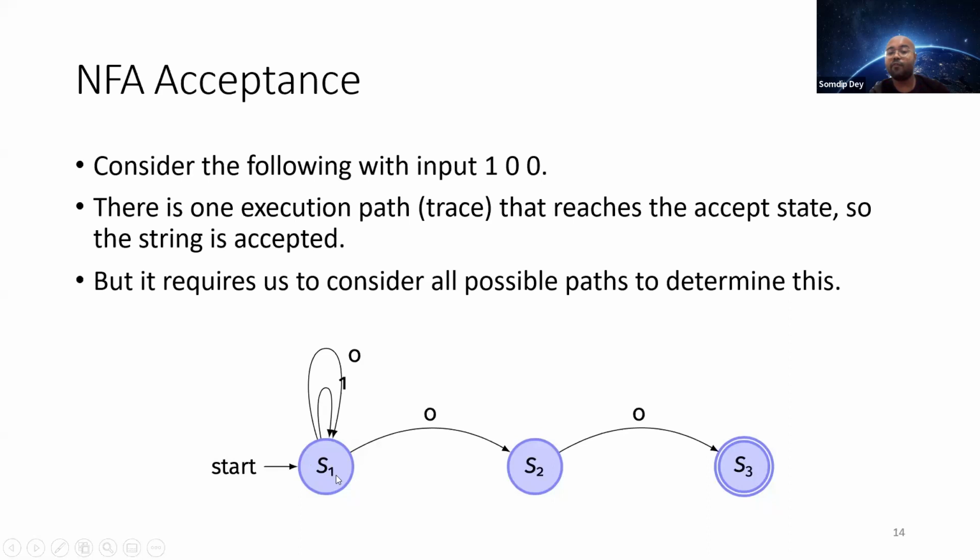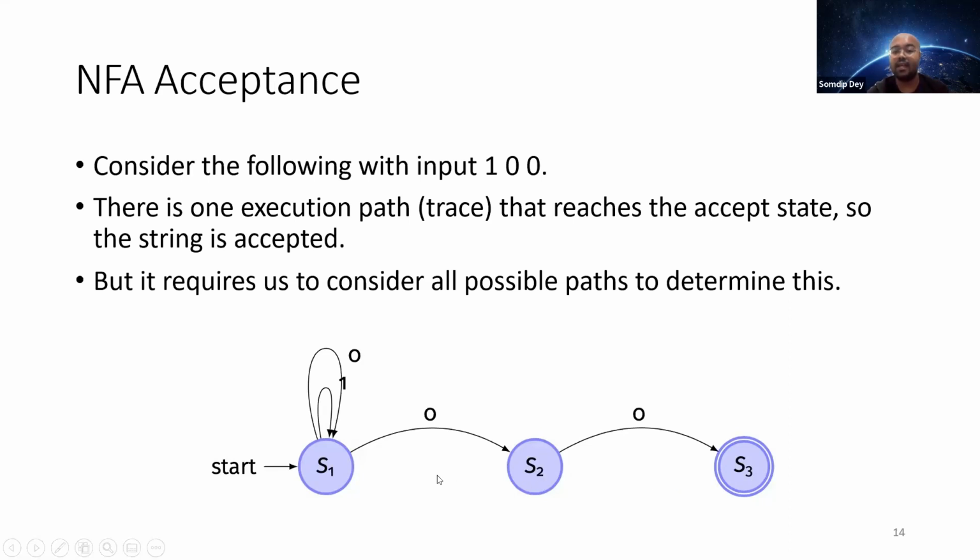If it chooses to remain in the same state, it will just stay in S1. For the next 0, it can remain there, or the machine can change the state to S2. But this might not be a valid input string based on these transitions, because we did not reach S3.